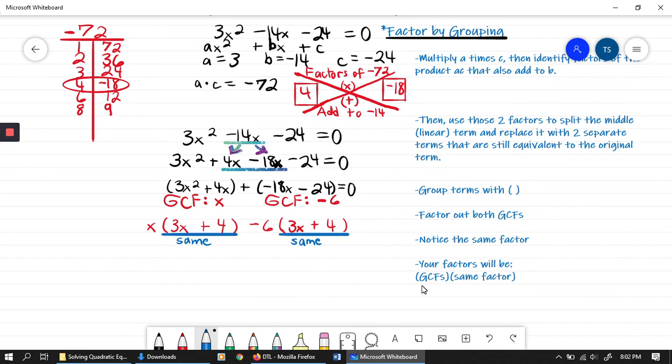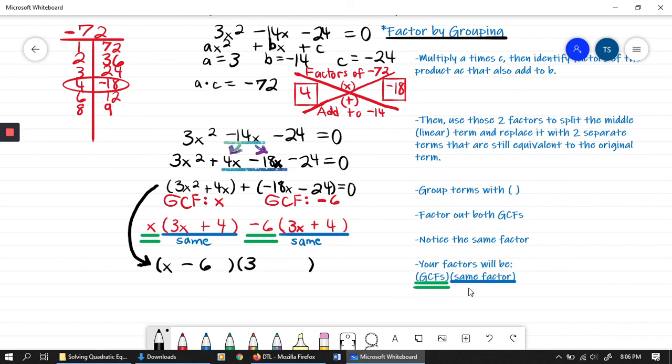So one factor using the GCFs is x minus 6, and the other factor, the same factor we had after factoring out the GCF, is 3x plus 4.